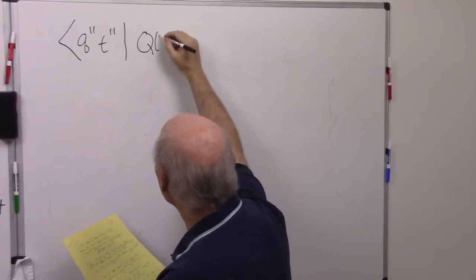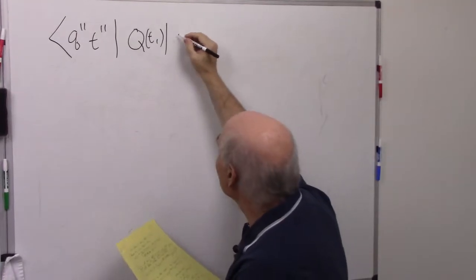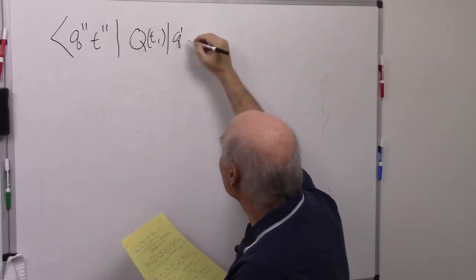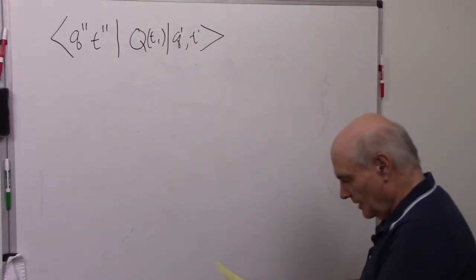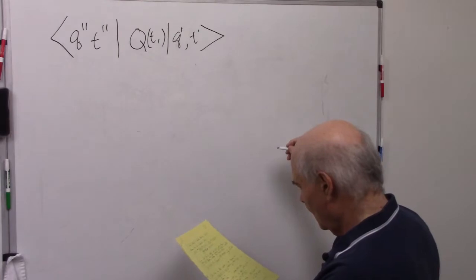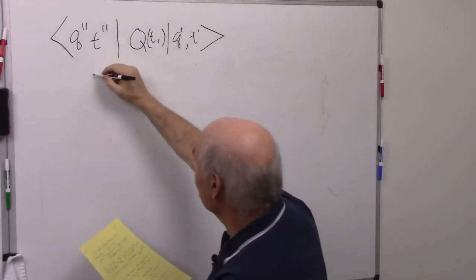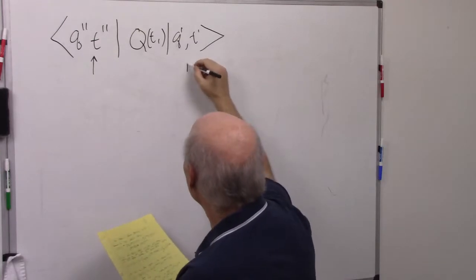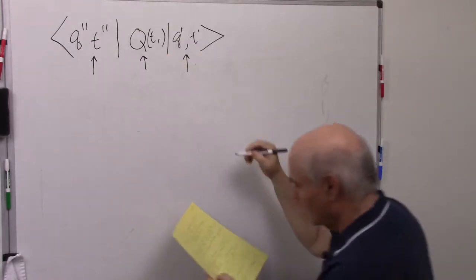This is an operator at time t1, a position operator, just as an illustration. These here are Heisenberg picture states, and this is a Heisenberg picture operator.